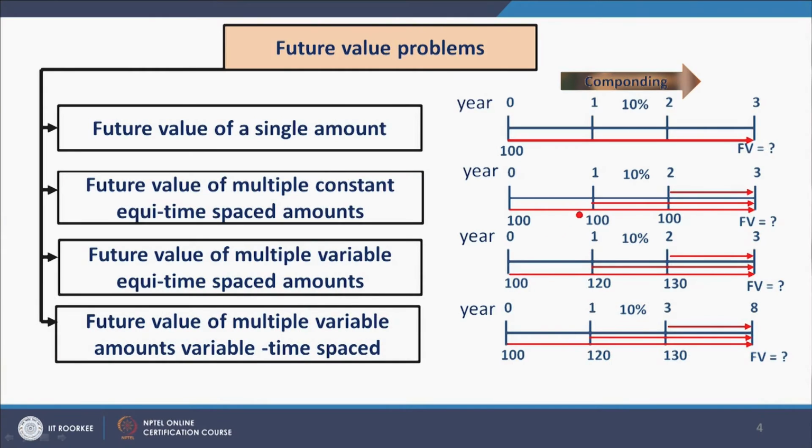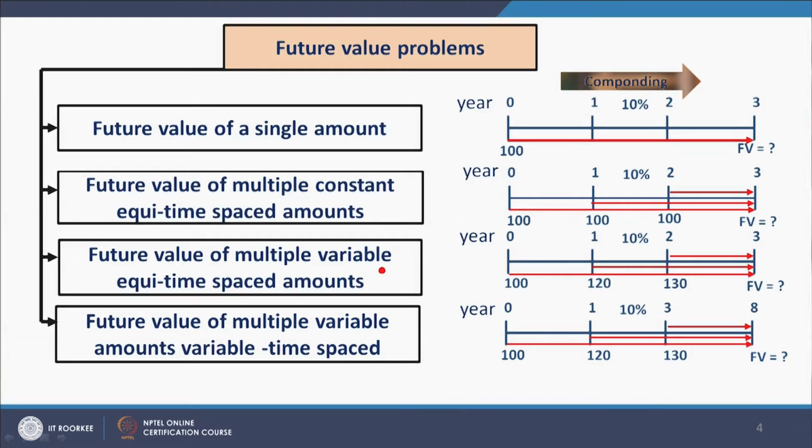So, the future value of each amount at the end of 3rd year has to be found out, and when I add these 3 values, the total future value of these cash flows will come out.